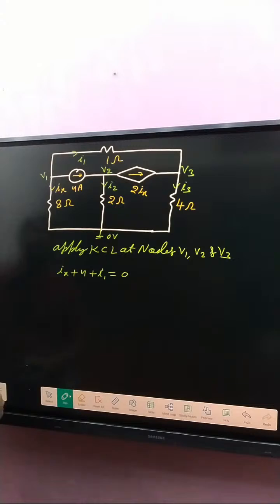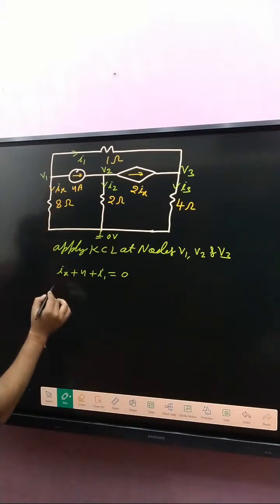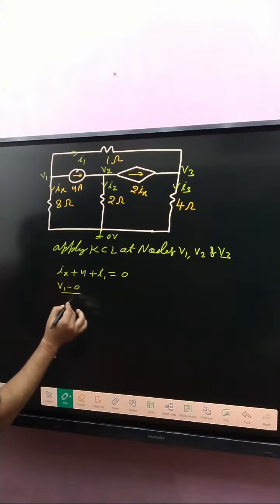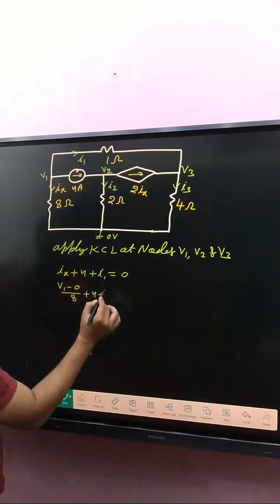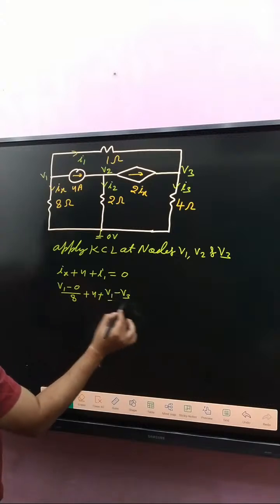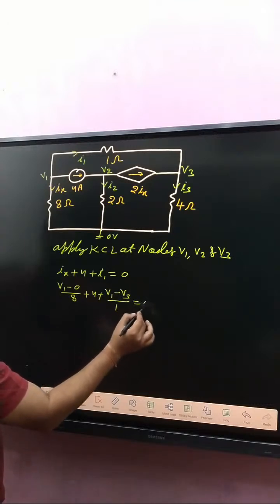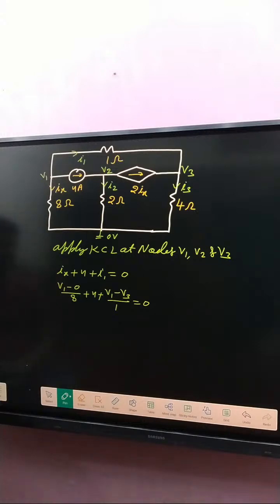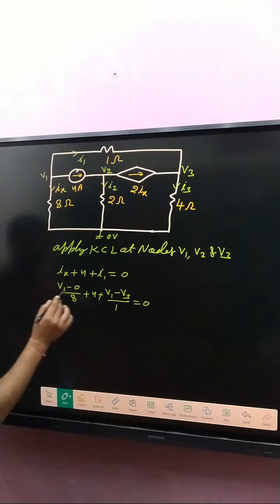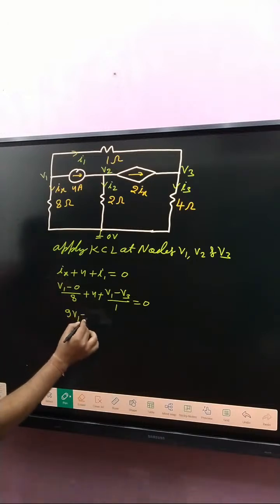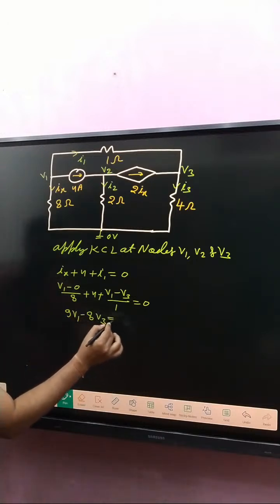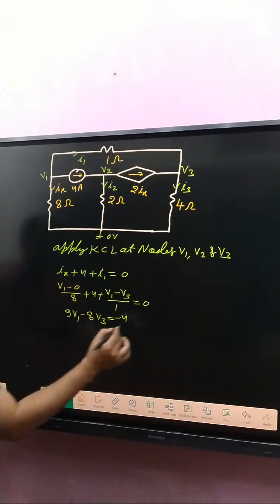So Ix is V1 minus 0 divided by 8 plus 4. What about I1? V1 minus V3 divided by 1 is equal to 0. So multiplying by 8, 9V1 minus 8V3 is equal to minus 4. Equation number 1.